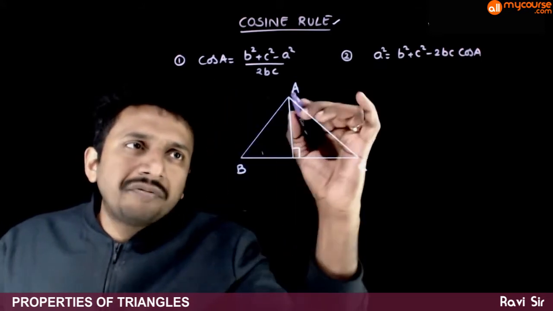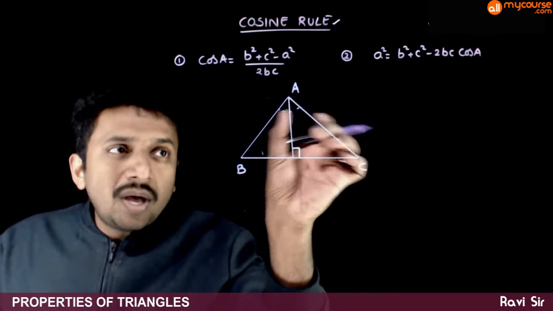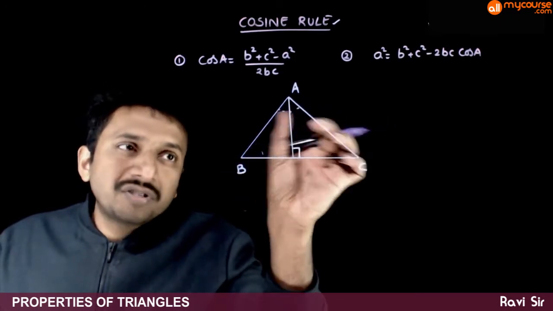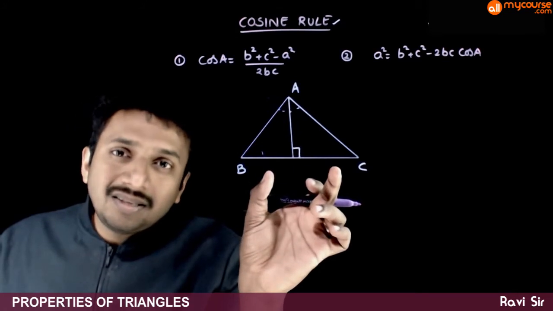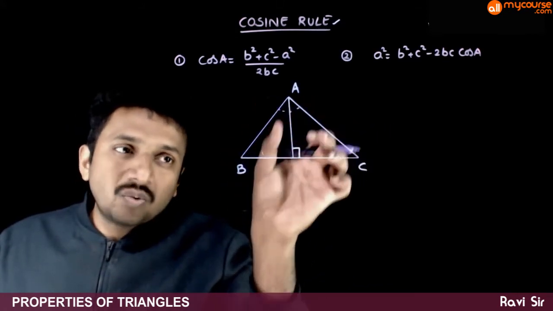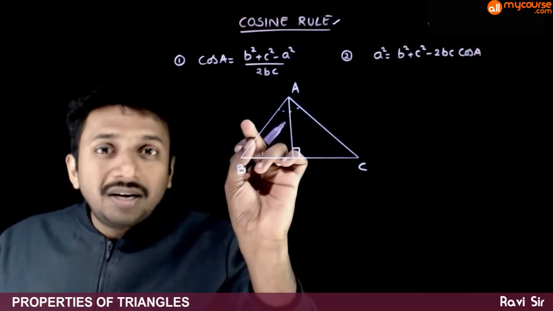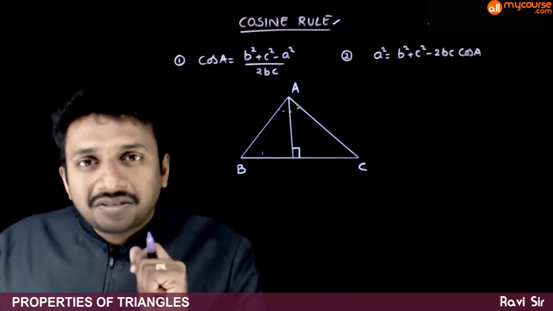So cos of angle A is equal to b square plus c square, the sum of squares of adjacent sides, minus the square of the opposite side, b square plus c square minus a square, divided by 2 times the product of the adjacent sides.